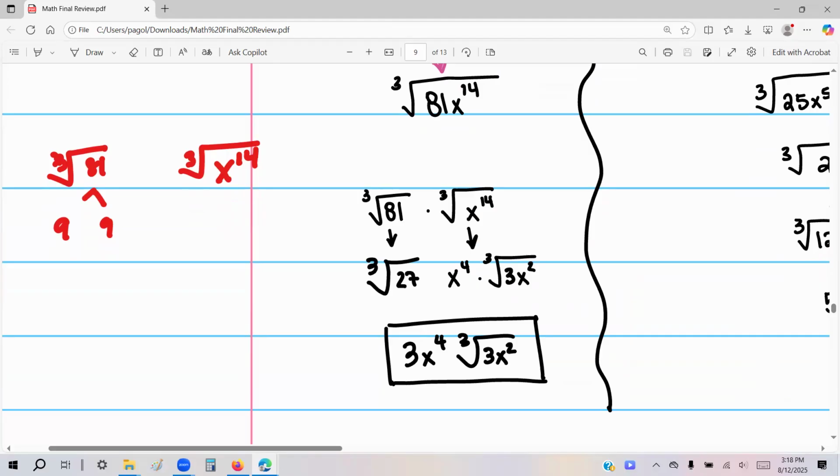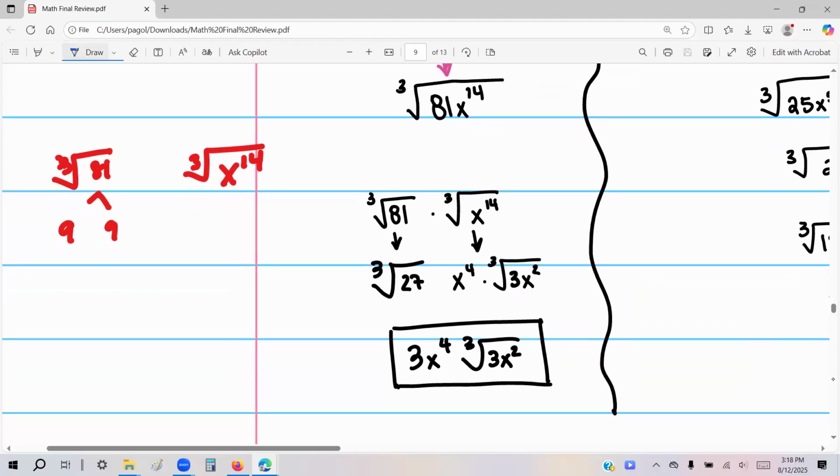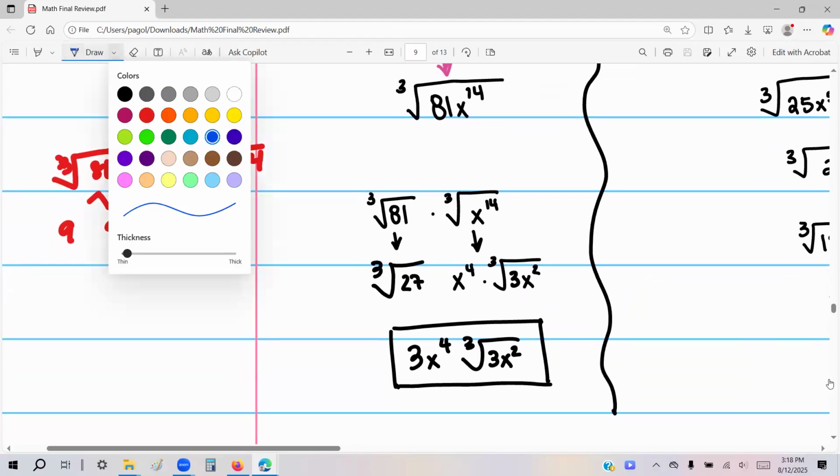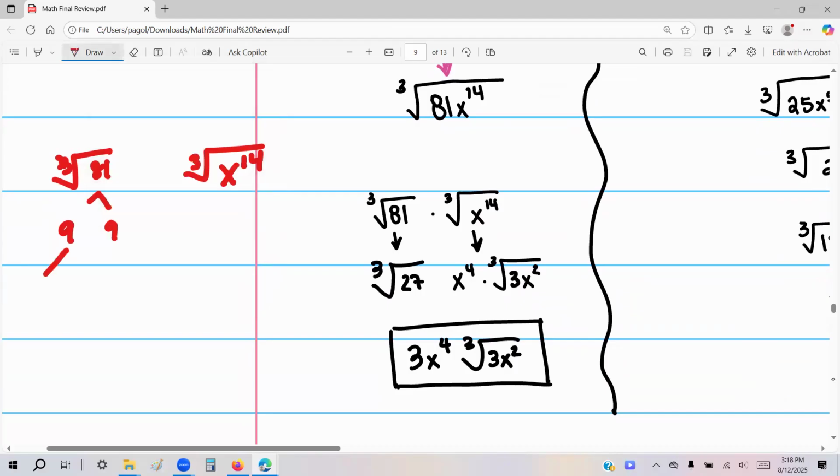So we have 9 times 9. But you're looking for the same number how many times? 3 times. So we need to divide them more: 3, 3, 3, 3.